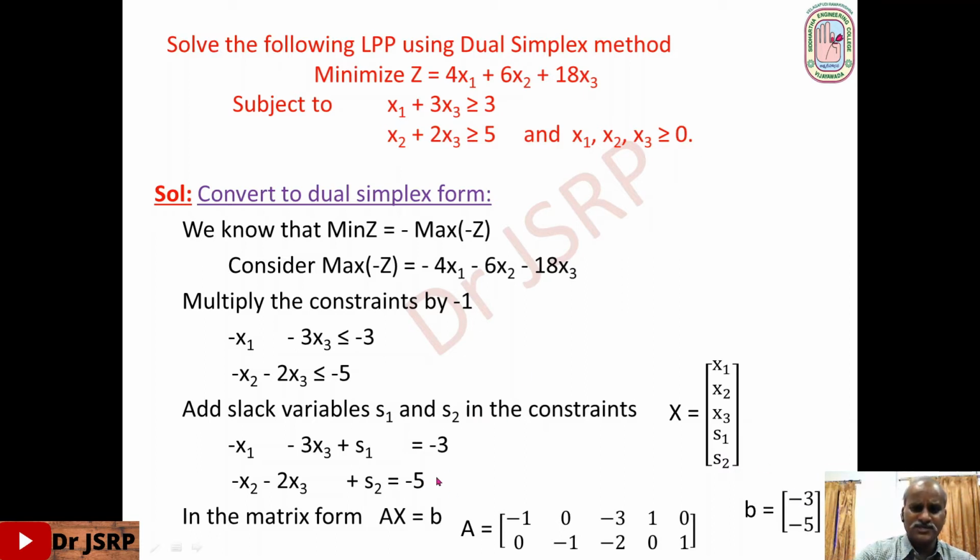Okay. So here observe the standard forms in regular simplex method and in dual simplex method. In regular simplex method, the right hand side values should be non-negative. But here, the right hand side values may be negative. The main thing is all constraints should be less than or equal type here.